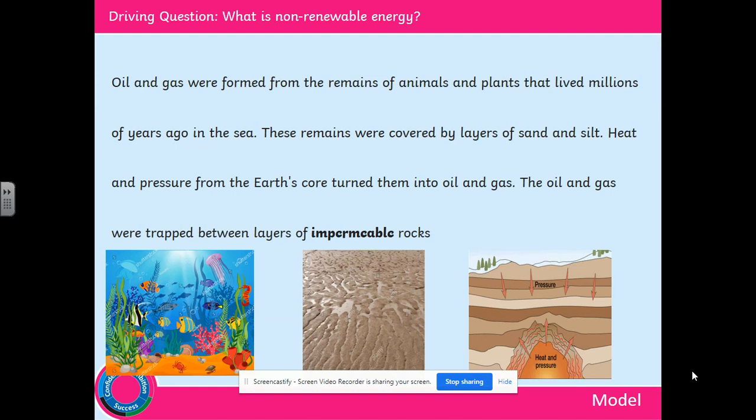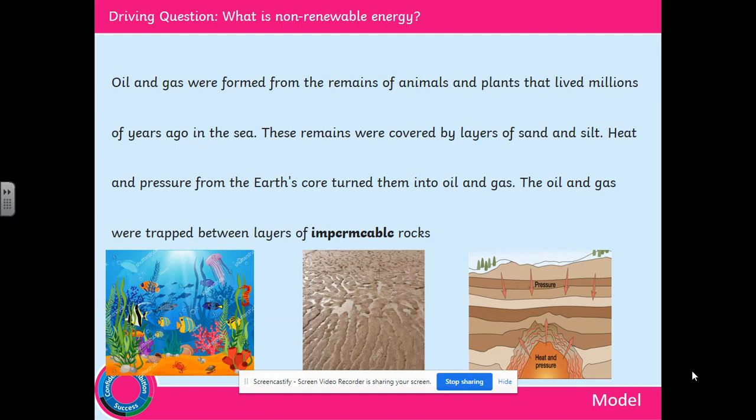Impermeable, semi-permeable, permeable. Well, those are three terms that you will be using throughout your time in secondary school. Now, permeable means allow things to enter and leave freely. Semi-permeable means it allows some things in and some things out.